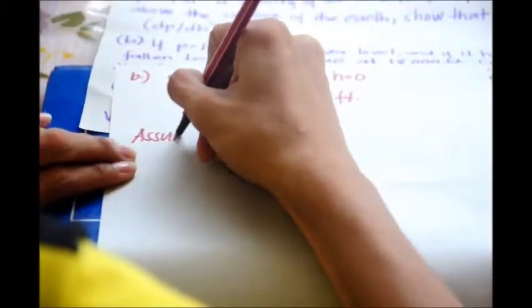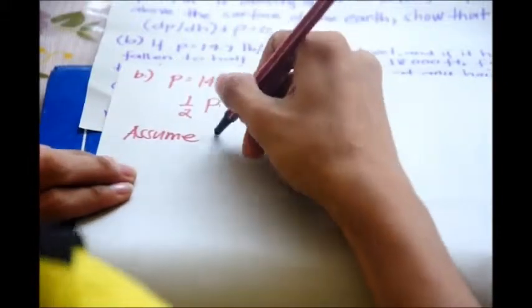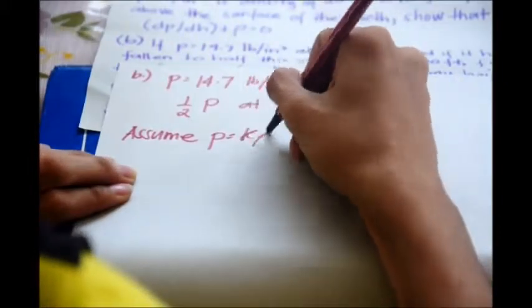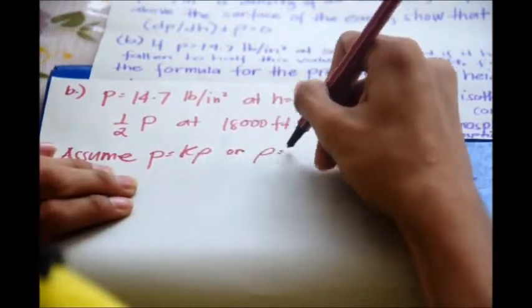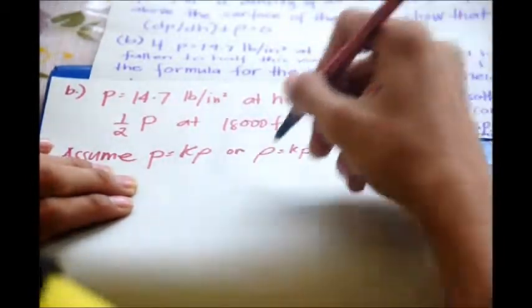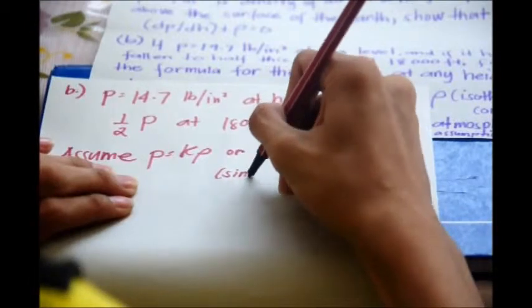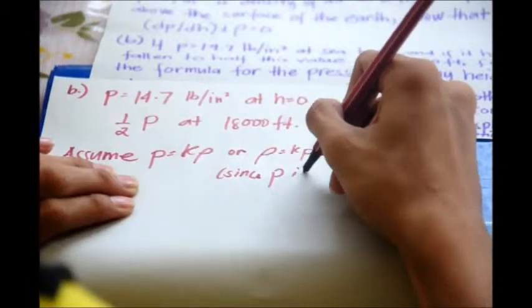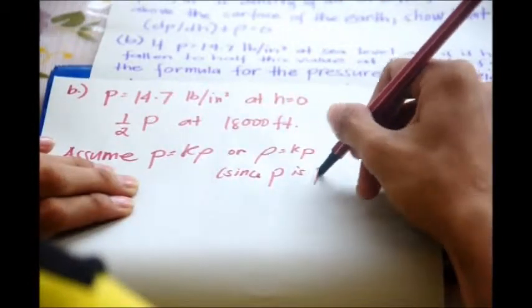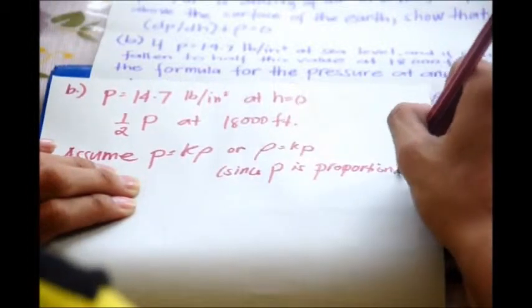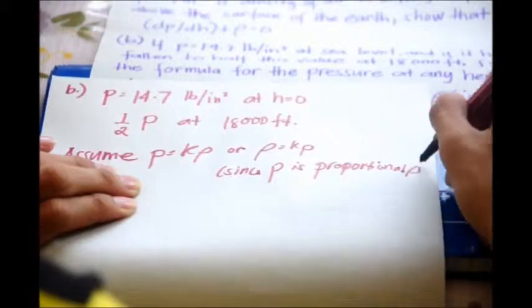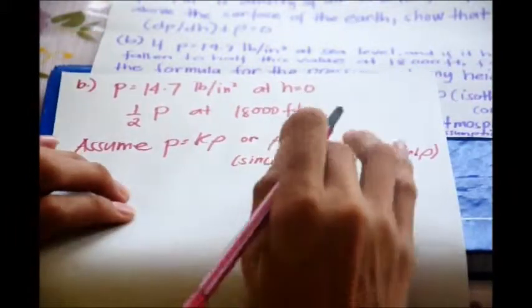Assume that P equals K rho, or rho equals KP, since P is proportional to rho under isothermal conditions.